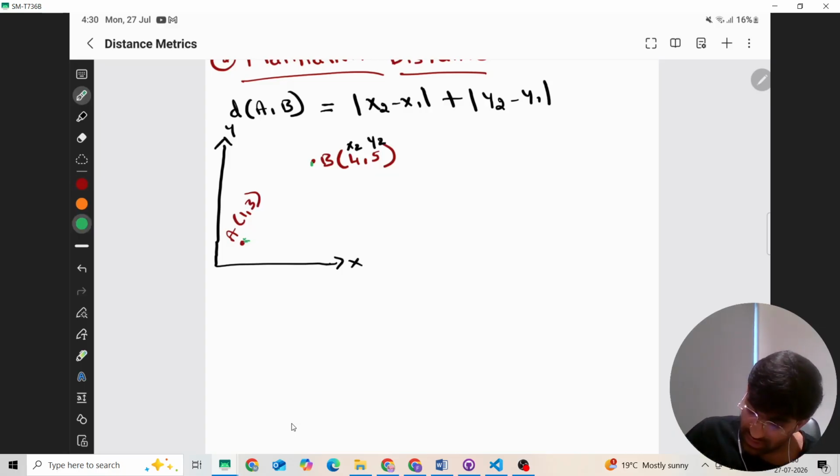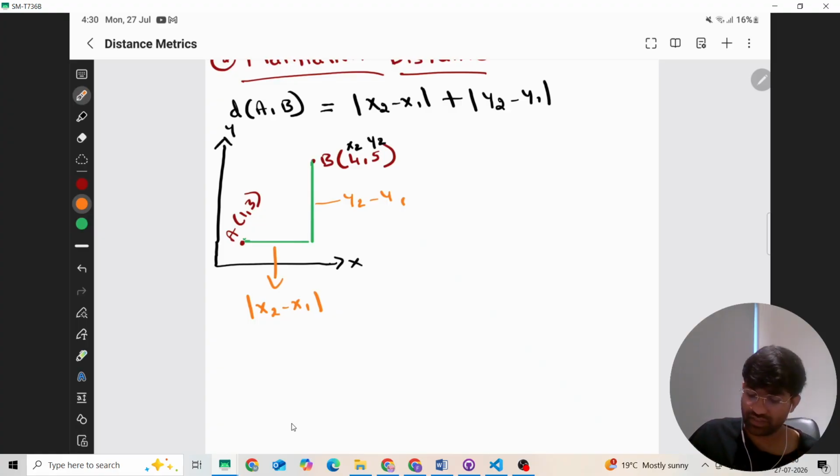So this is basically calculating distance like this. This value is the absolute value of x2 minus x1. And then it will calculate the distance of this, y2 minus y1. Got it? Because this is our y1 and this is our y2. This is our x1 and this is our x2.